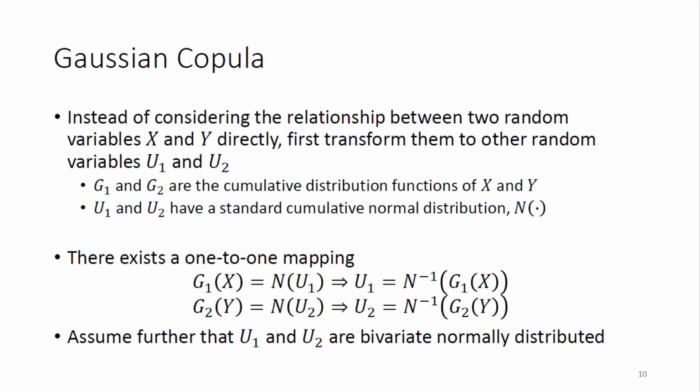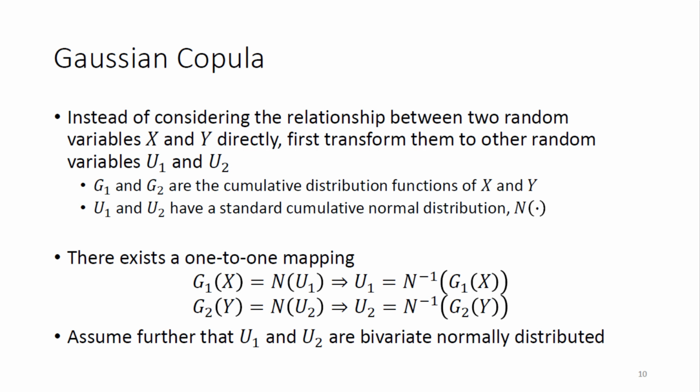And let U1 and U2 be the standard cumulative normal distribution functions, which I also denote with capital N. Because cumulative distribution functions have values between 0 and 1, there's always a one-to-one mapping from one cumulative distribution function to the other one.